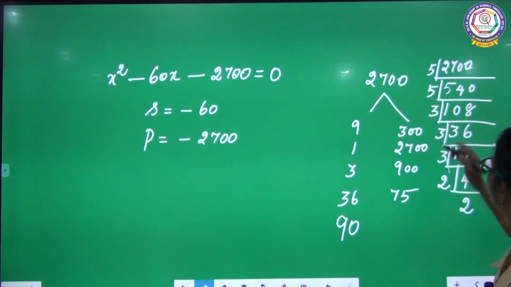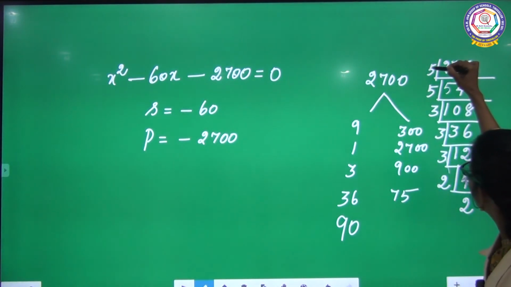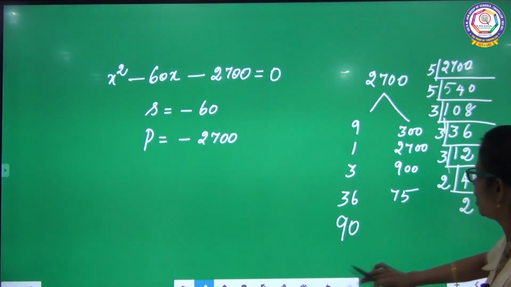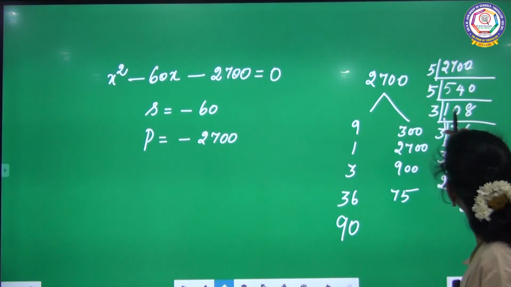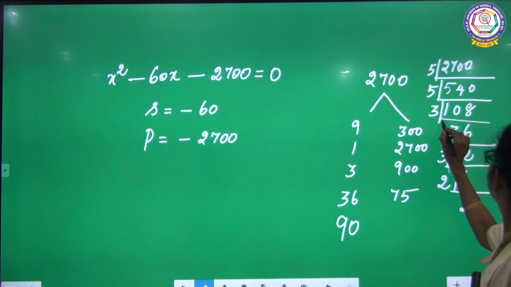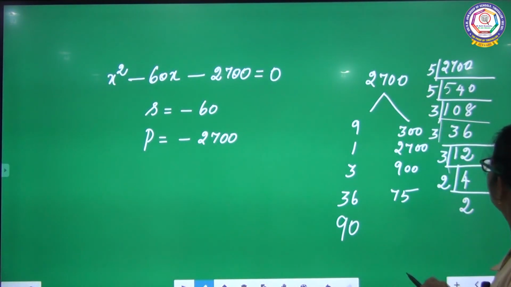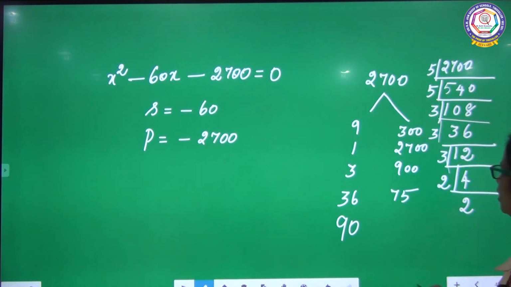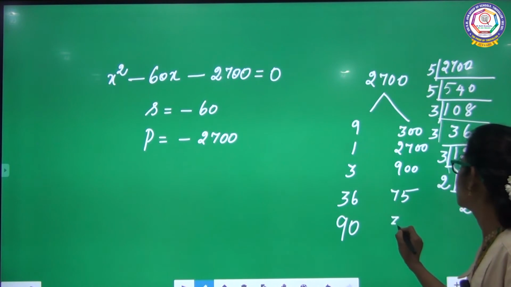How am I grouping the terms? You have to be careful. 5 2s are 10, and the 3 3s are 9, so 9 into 10, 90. Then what is left over here? 5, 3, 2. 3 2s are 6, 6 5s are 30.